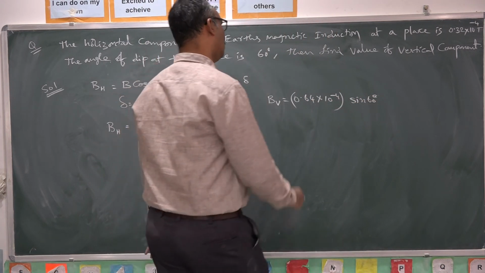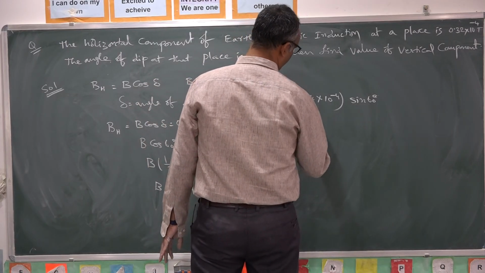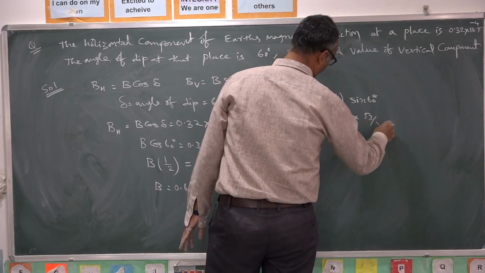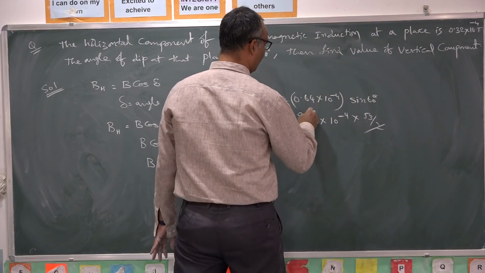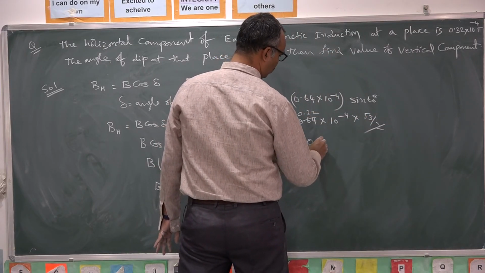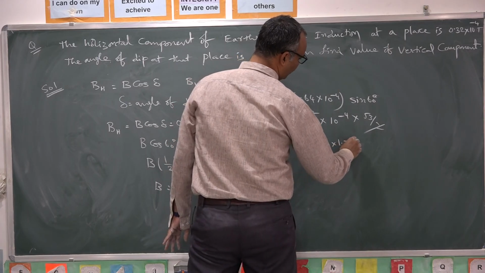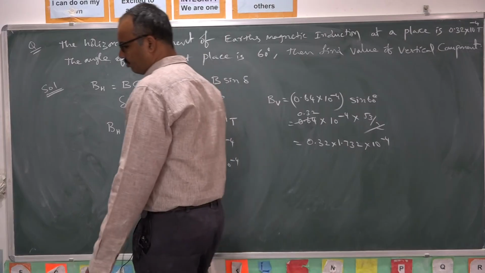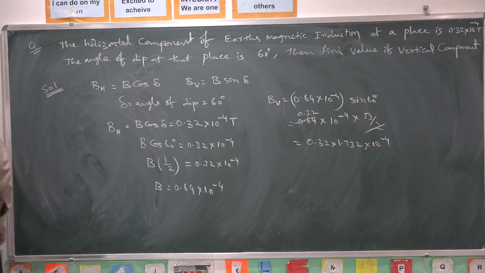Sin 60 is root 3 by 2. So this is 0.32 into 1.732 into 10 power minus 4.